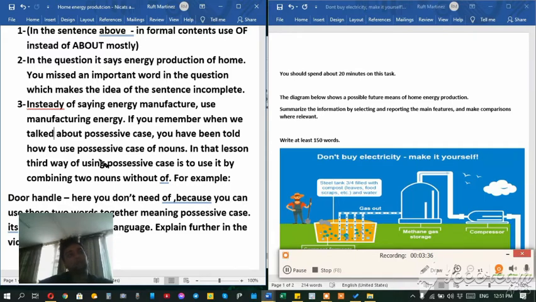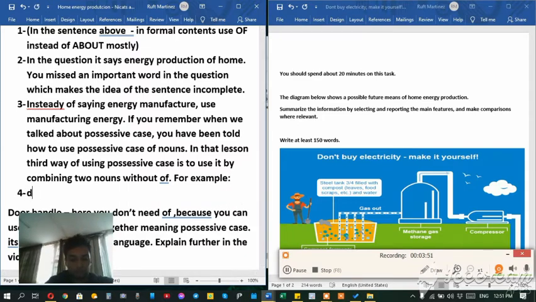For example, you can say doorknob. I'm writing that word here. So doorknob sounds okay. So you don't need to say knob of the door. You can do it actually, but you don't need to, because you can say doorknob.